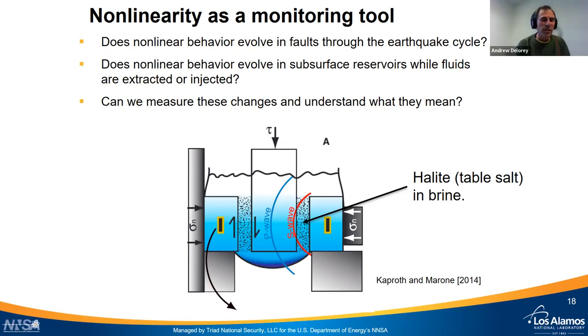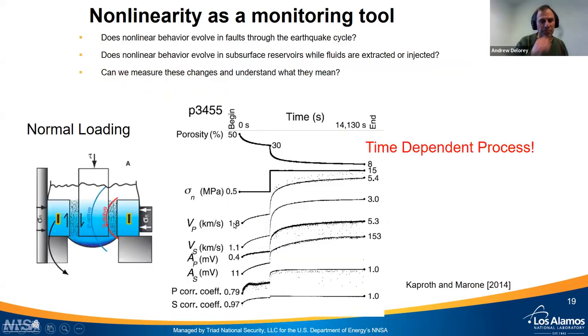What I'm going to show you first is this laboratory example in Chris's lab, where there's an experiment with a block in the middle, pressed between these two side blocks. There's halite in brine, so a granular material with fluids, and they measure how that evolves over time with both normal and shear stressing.